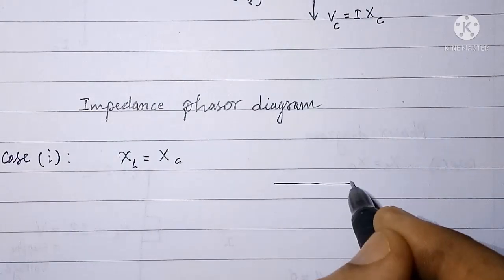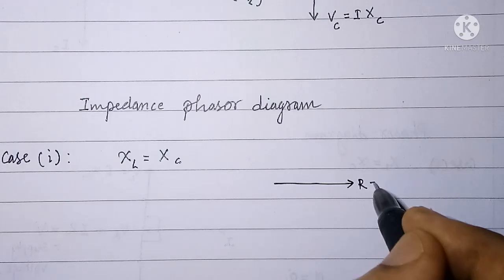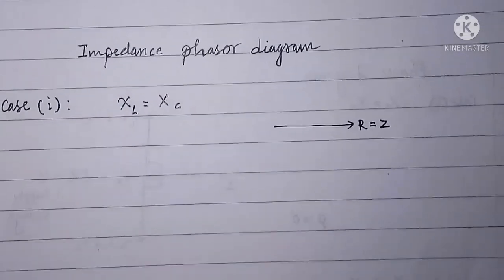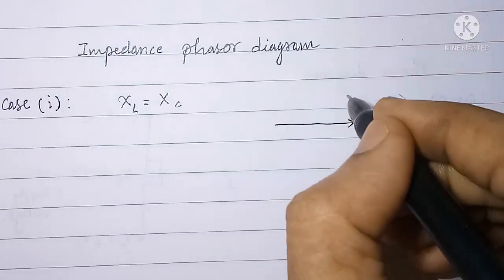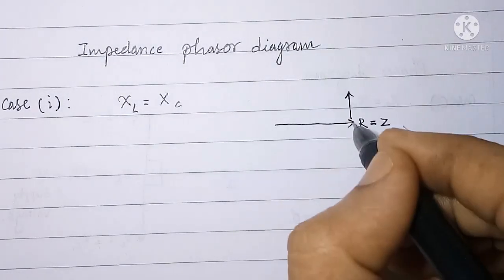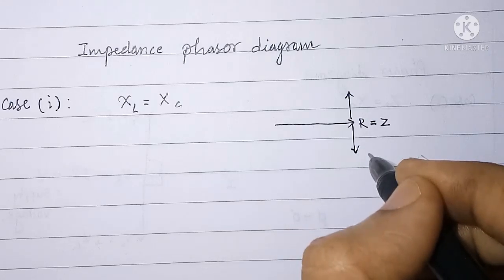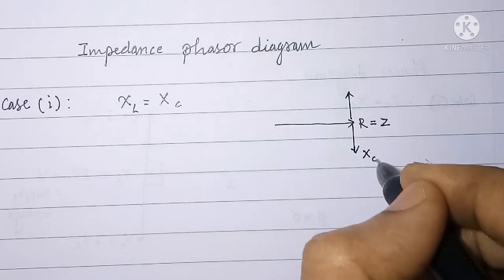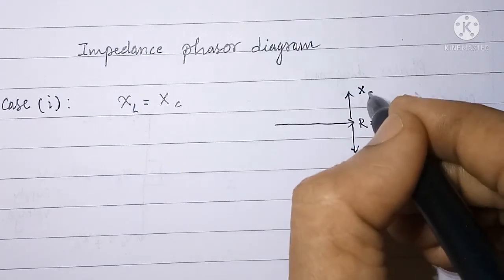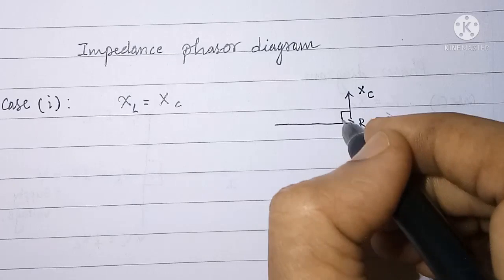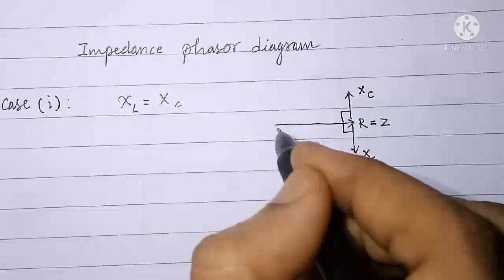When XL equal to XC, R equal to Z. Because XC and XL with equal magnitude acting in opposite direction will cancel each other.